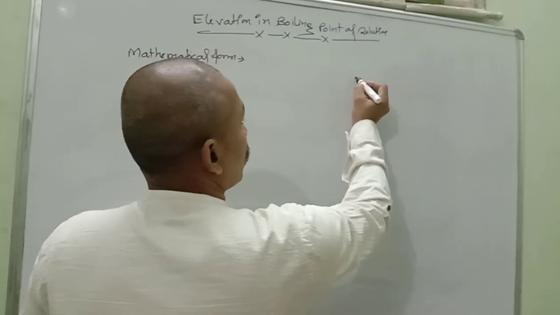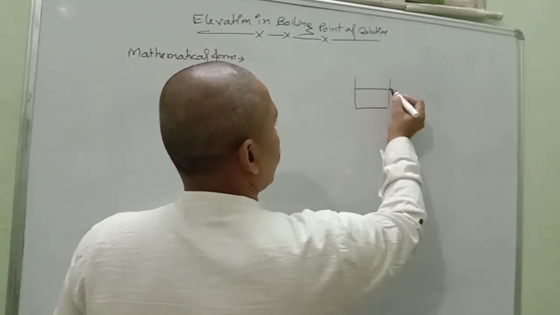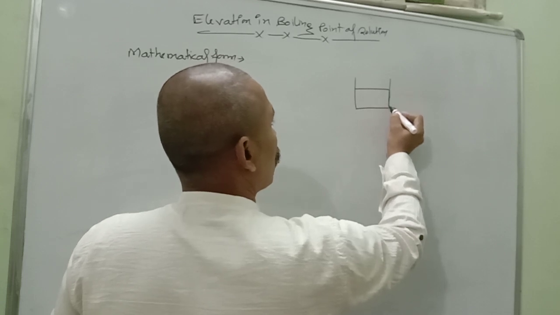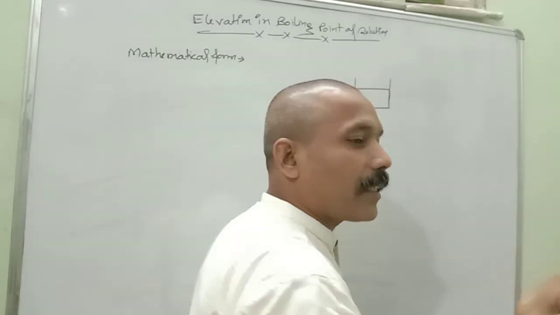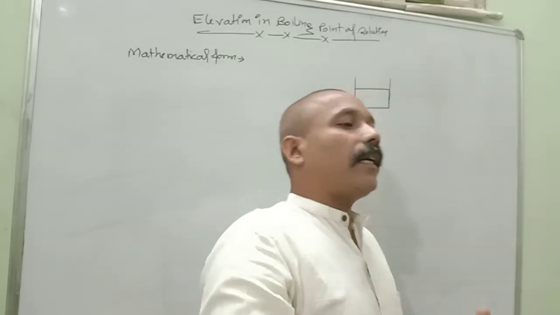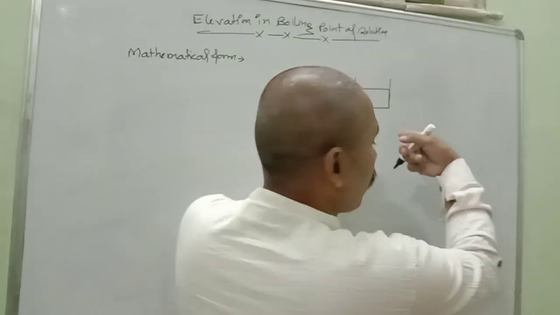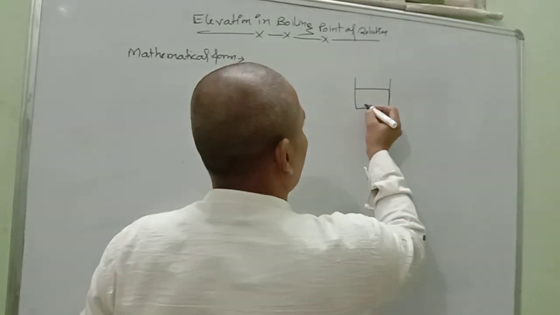Suppose we have a pure solvent. In yesterday's class, I told you that if you better understand the relative lowering in vapor pressure, you will automatically understand all the rest of the four properties. The same figure we drew yesterday is here.